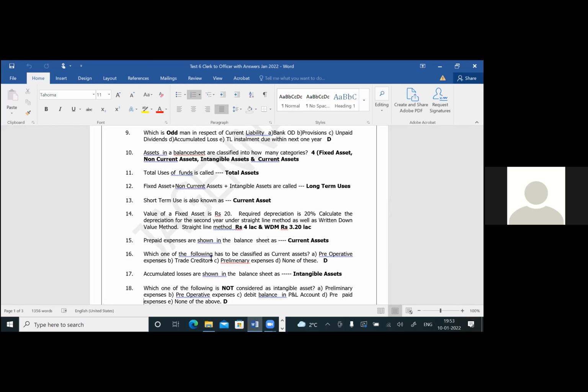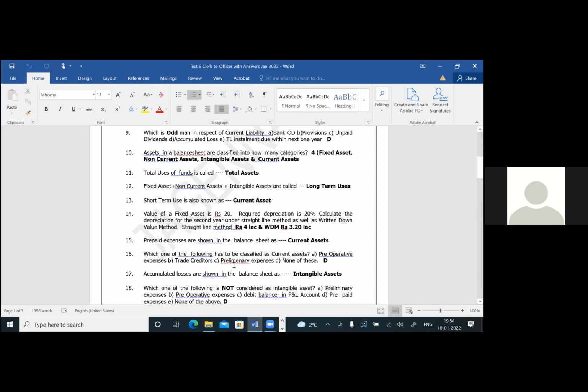Whereas sundry debtors and bills receivable within 6 months you have to show under current asset, and more than 6 months under non-current asset. But sundry creditors, trade creditors or bills payable is the money the firm has to pay. It has purchased on credit basis. So they are all current liability.